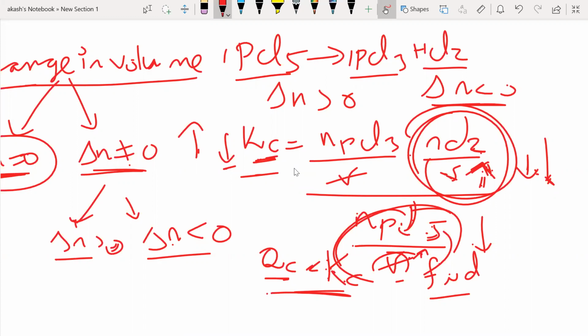Right? I think it makes sense, isn't it? So if you increase the volume for a delta n not equal to zero kind of reaction, the reaction is going to move to the side where I have more stoichiometric coefficients.